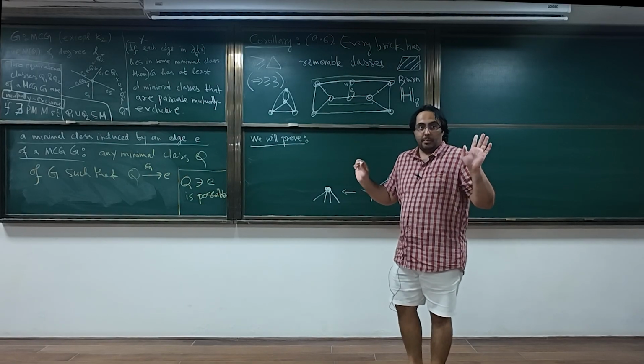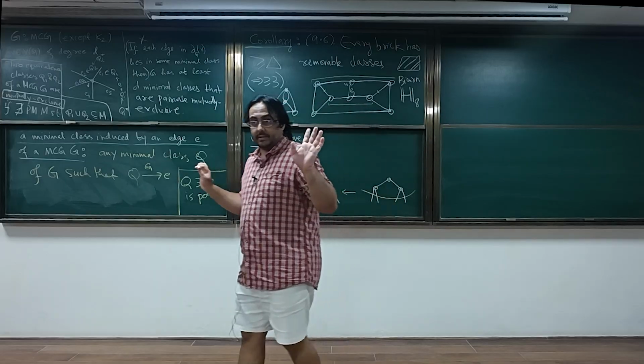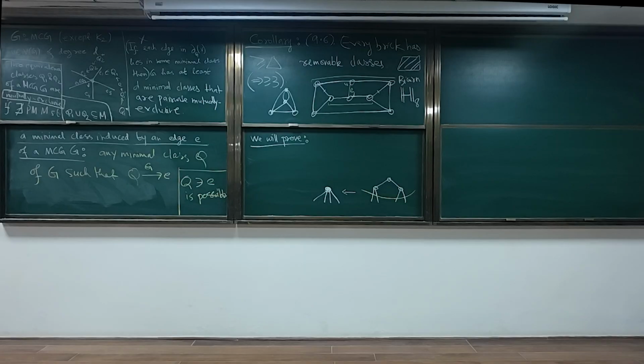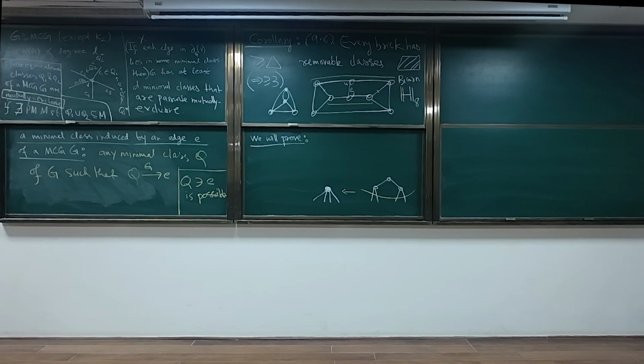We know that there are 3 removable classes, at least 3. Observe that K4 and prism have exactly 3 removable classes, and each of them is a doubleton. K4 is very clear. Every perfect matching of K4 on deletion gives you C4. That is a removable doubleton. In the case of a prism, observe that for every edge of a triangle, there is a natural companion on the other side. You delete those 2, you get a bipartite matching covered graph. You get a ladder on 6 vertices.